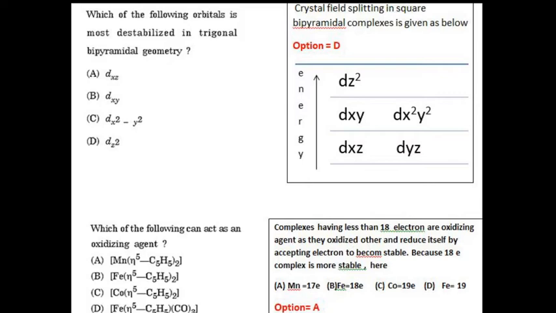So in this example, the dz2 orbital has the highest energy, therefore it is the most destabilized orbital in trigonal bipyramidal geometry splitting. This is again a simple question, but you need to know the crystal field splitting pattern. We generally know tetrahedral and octahedral splitting, but sometimes square pyramidal, trigonal bipyramidal geometry is also asked.